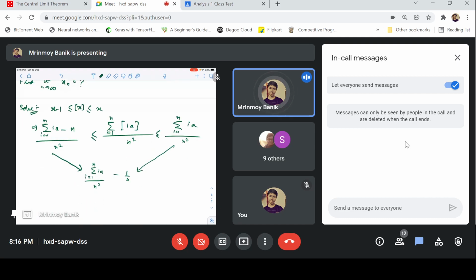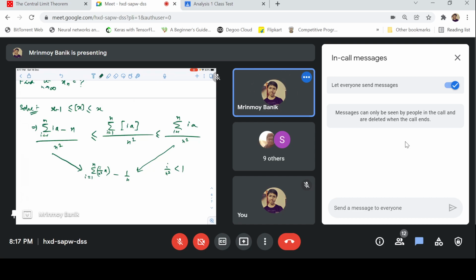A is any real number, yeah. So a is any real number. So it's i by n squared times a. i by n squared is strictly less than 1. As n tends to infinity, this i by n squared tends to 0. So all the terms are 0.